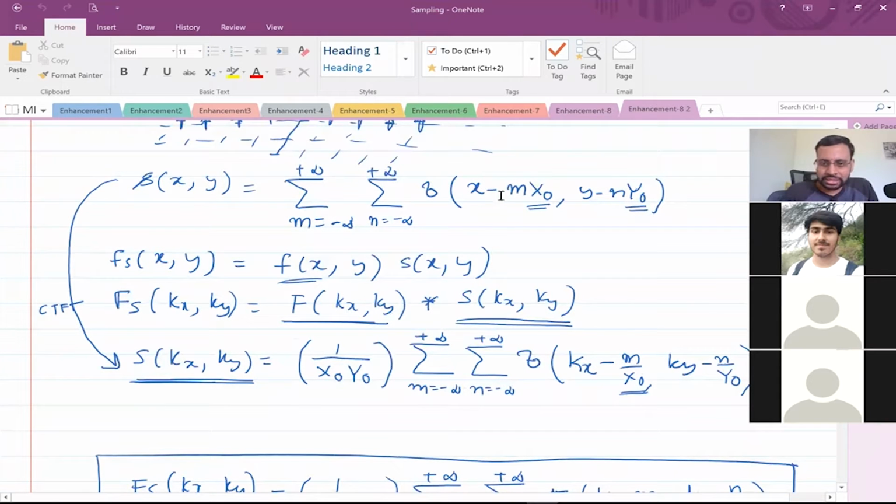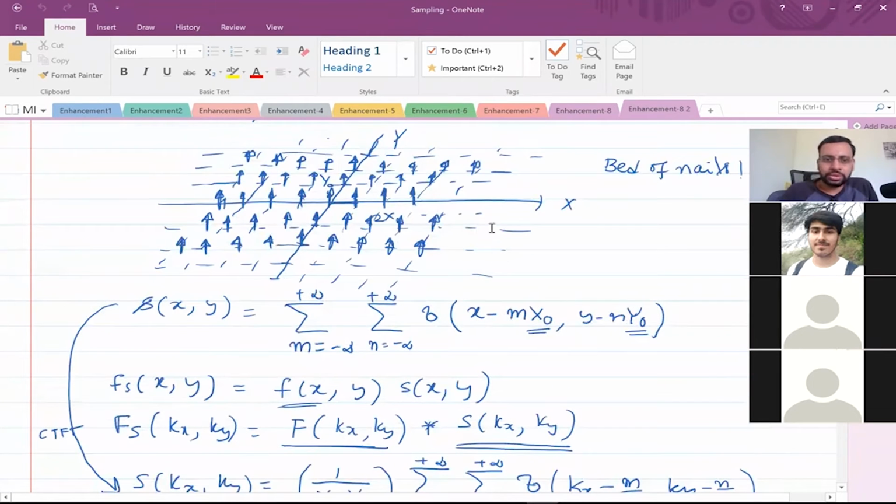Just like earlier, when you had this function alone, you had 1 by x naught and integer multiples of 1 by x naught here, right? So you have this also, that would additionally give you multiplication of 1 by y naught. These were separable impulse functions that you could write as a sequence of impulses. So then 1 by y naught and n by y naught, that's all.